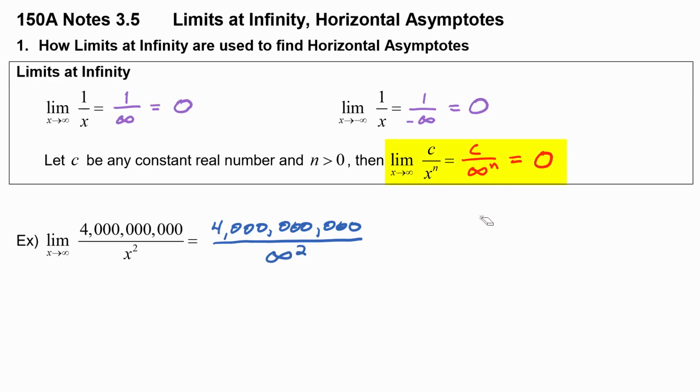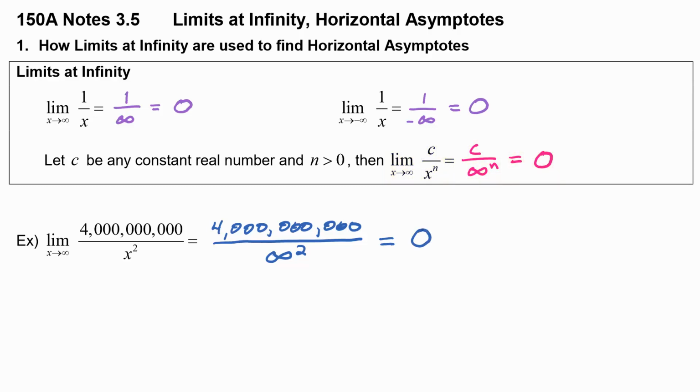Well, that's just applying this rule right here. No matter how big your numerator is, 4 billion is literally nothing compared to infinity, much less infinity squared. So this is going to go to 0.